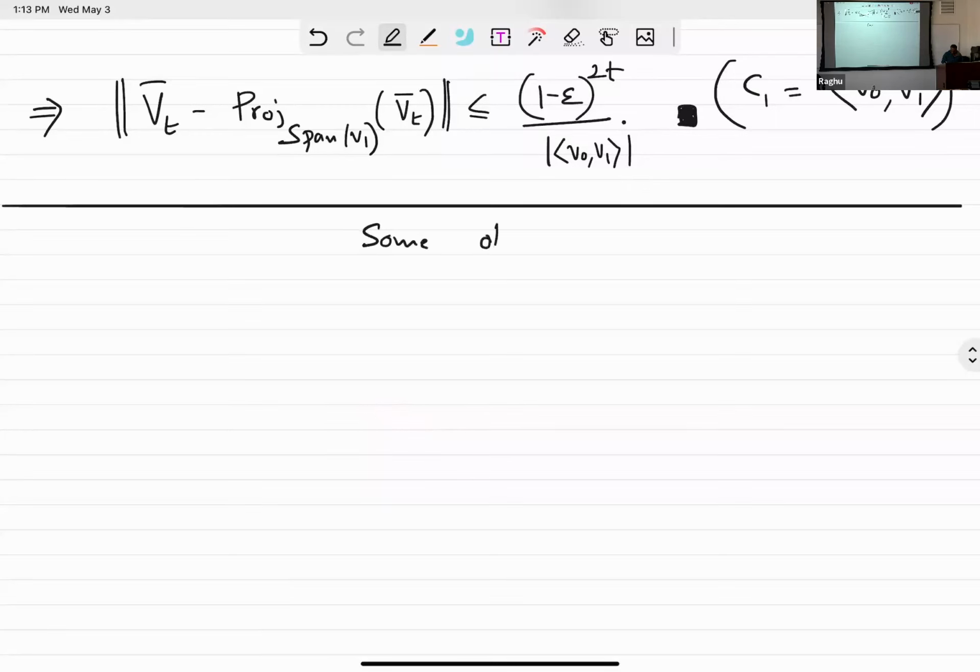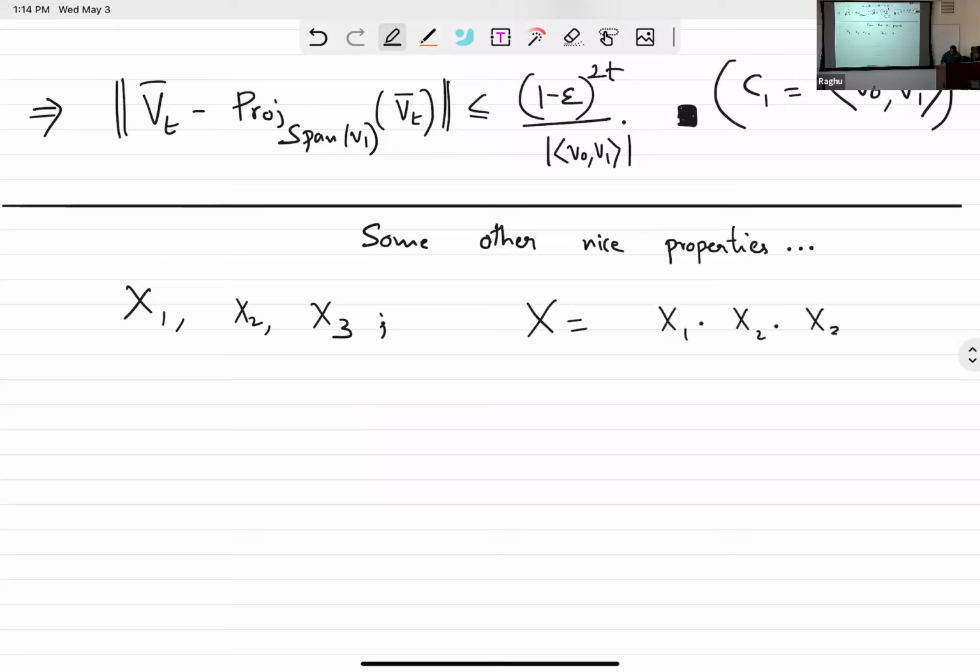Some other nice properties. Let's say I have matrices x1, x2, x3, and I want to compute the top singular vector of the product of them. If someone asked you this, how would you do it?